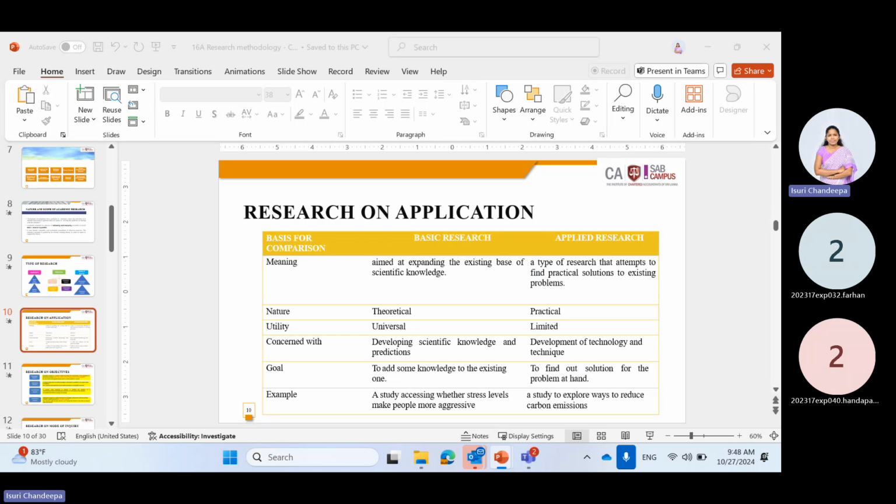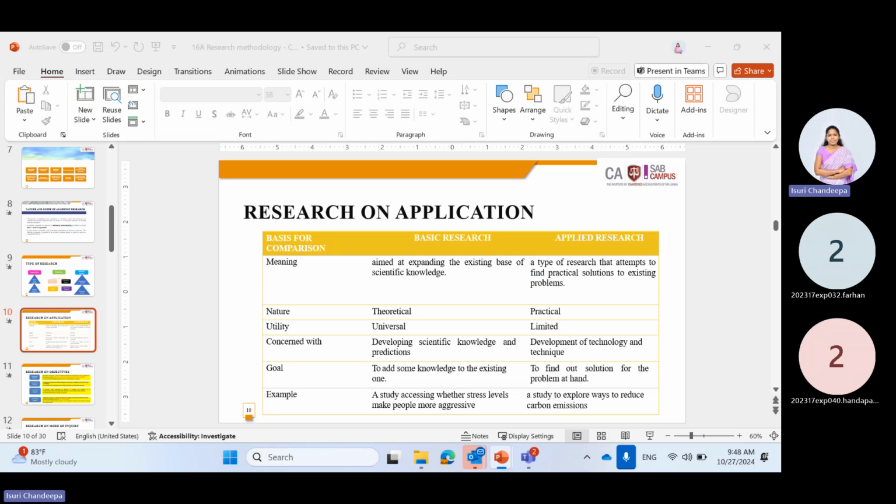What do you mean by the basic research? So this is the same classification, same difference as we identified in the academic as well as professional research, right?